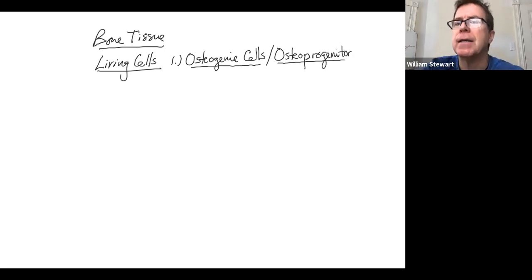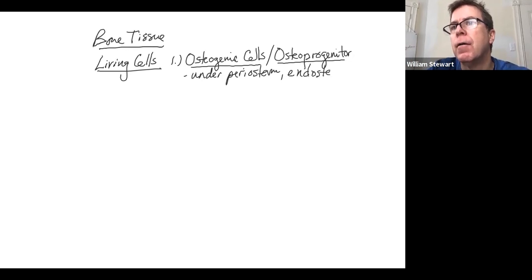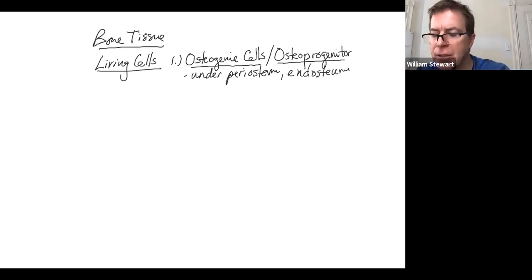We find these osteogenic stem cells, we said, underneath the periosteum, on the bone side of the periosteum, as well as under the endosteum at the medullary cavity. So that's where we find most of these osteogenic cells. These tend to be flat cells mostly because of their location on the surface and on the inside of bone tissue.